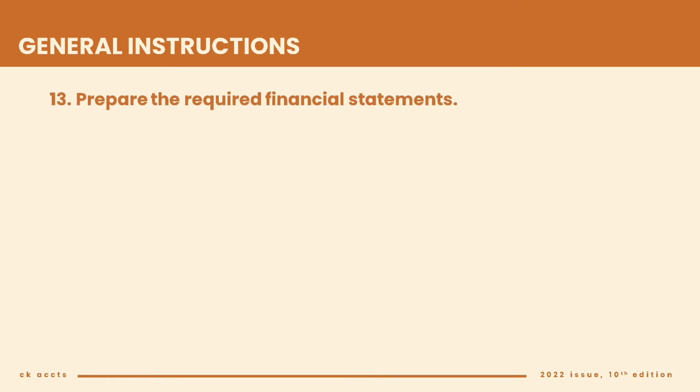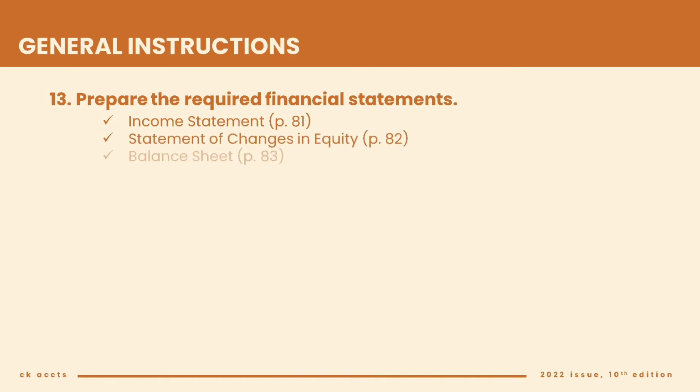Prepare the required financial statements, of course, after doing the trial balance or after doing the adjustments, saka tayo gagawa ng financial statements. So, we have the income statement on page 81, statement of changes in equity, balance sheet, statement of cash flows.